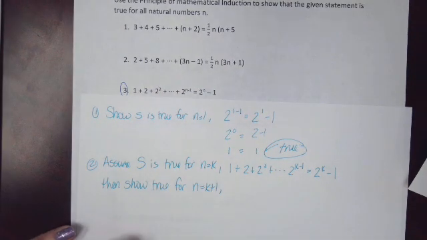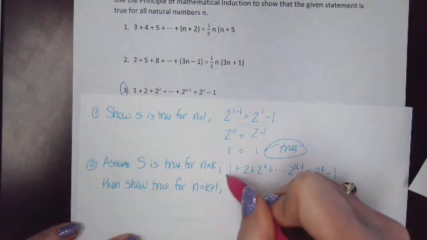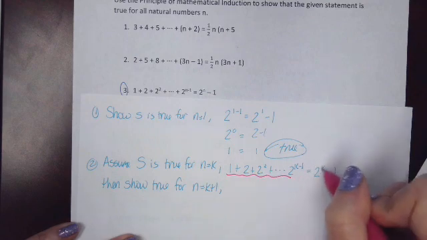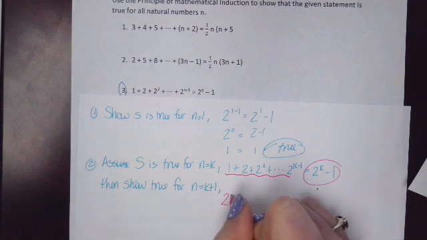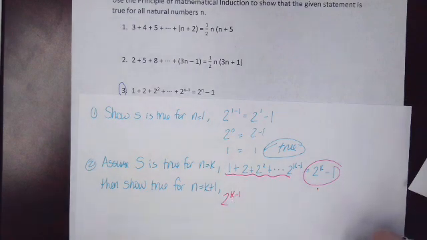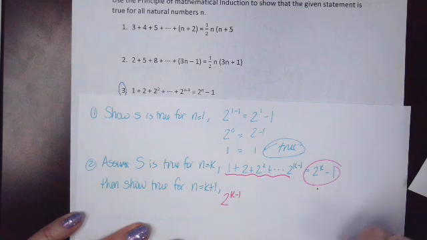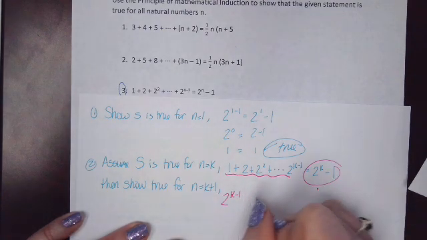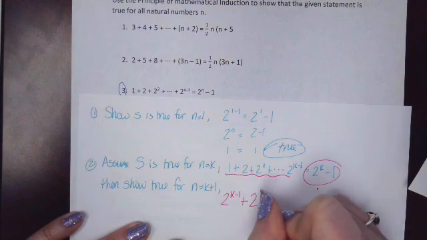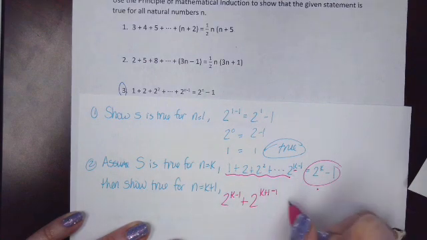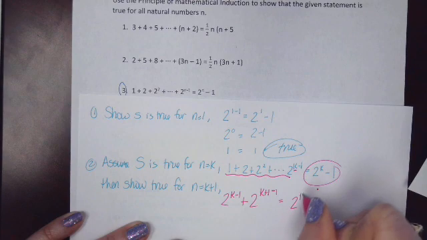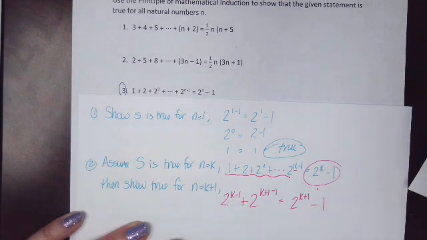Well, now what is that going to look like? For that one, we are going to take all of this and substitute it in for k, as 2 to the k minus 1. So all of this becomes 2 to the k minus 1. And then the next term is going to be k plus 1 minus 1, where I had the k, I substituted in k plus 1, and then minus 1 is going to be equal to 2 to the k plus 1 minus 1.